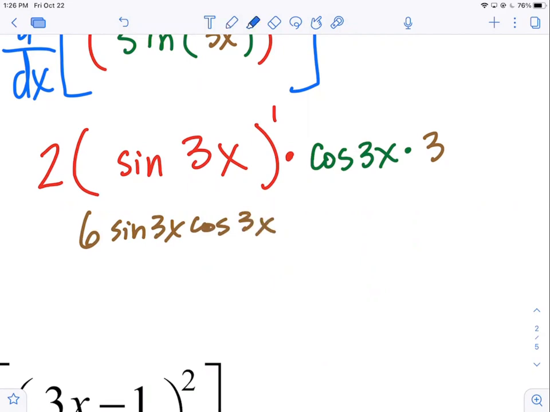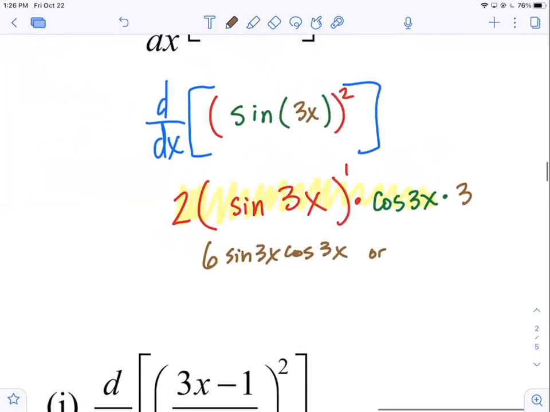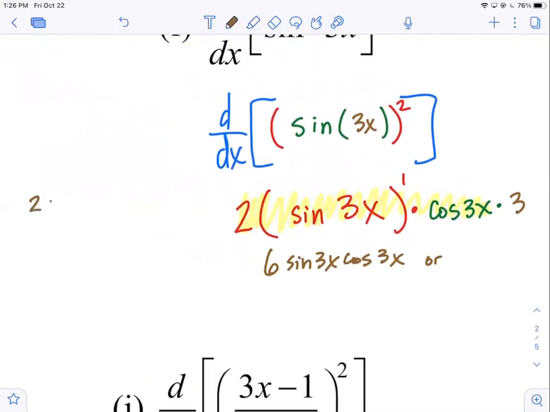But there is another way to do it using a double angle identity. Do y'all remember? Off to the side here, 2 sine of x cosine of x is equal to sine of 2x.